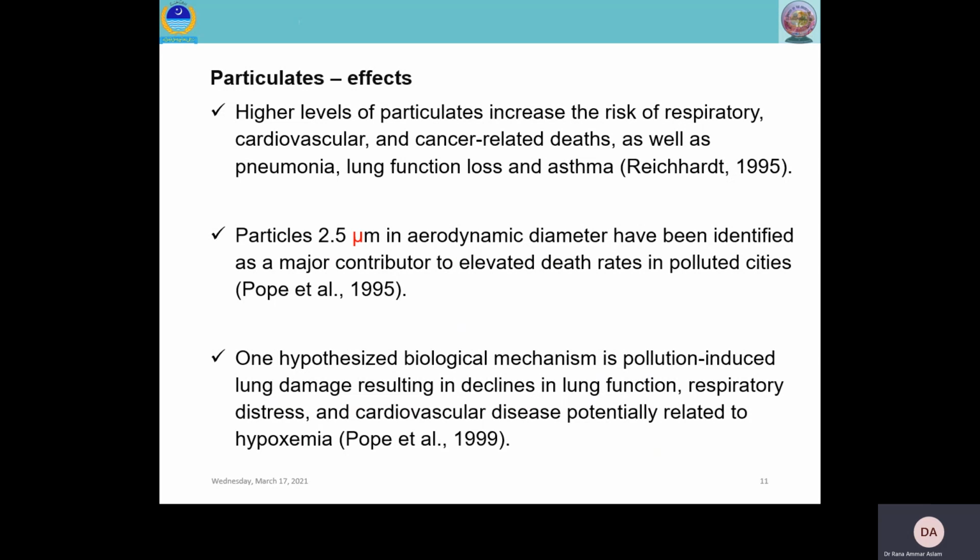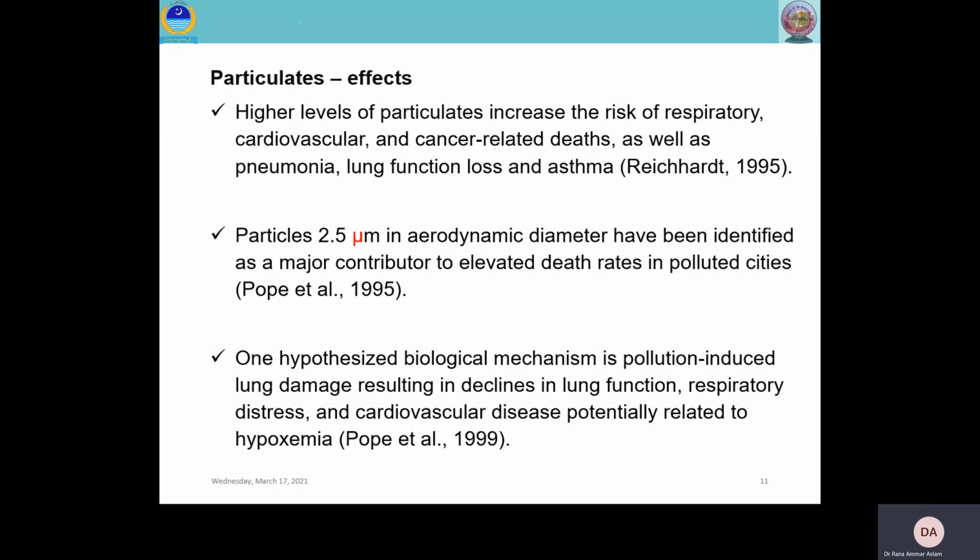We can say that if a person is exposed to particulate matter, it can affect both your lungs as well as your heart.